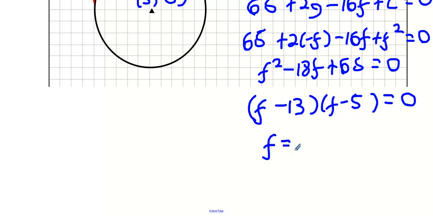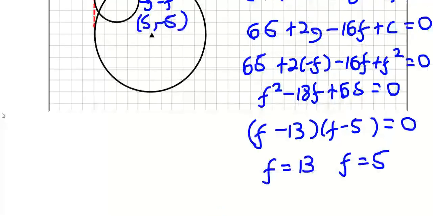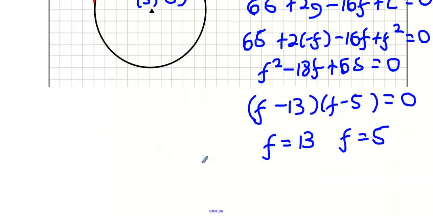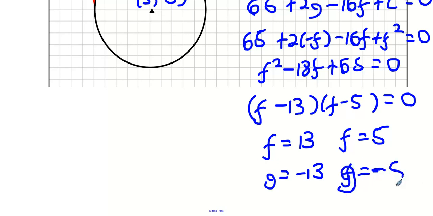So f equals 13 and f equals 5. Now I'm going to reread the question. What exactly did it want from me? Find the equation of each circle. So if f is 13, then g will have to be -13, and if f is 5, g will have to be -5, because it's opposite in sign.